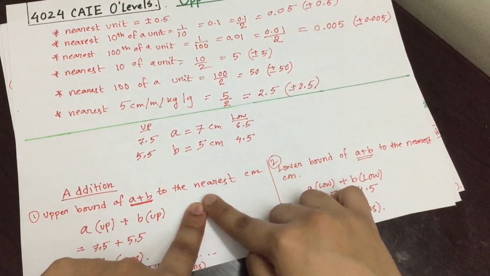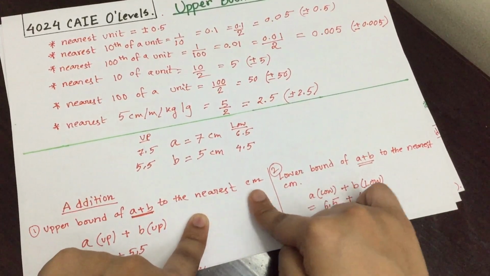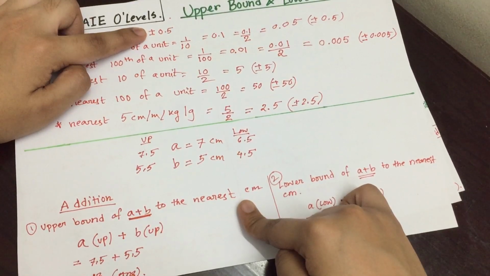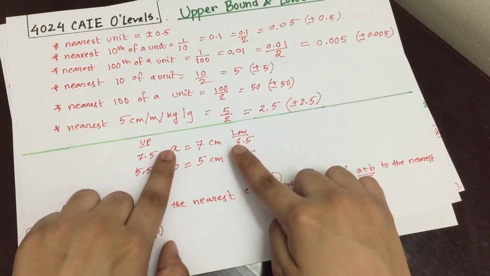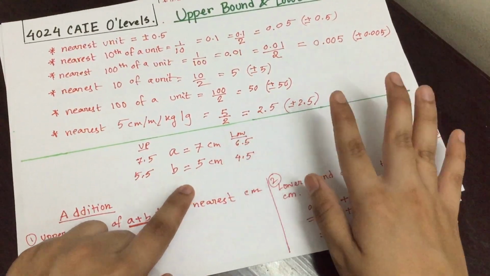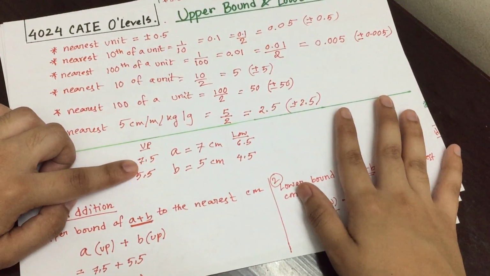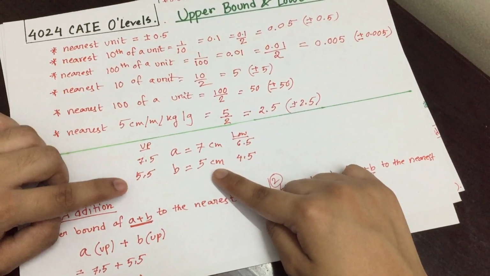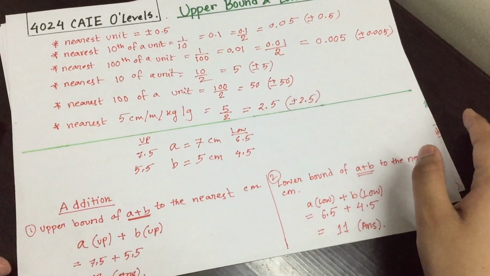So this is my keyword, nearest centimeter. Whenever it says nearest of a unit, we know that we have to do plus minus 0.5. Following this, I have written the upper bound and lower bound for both 7 and 5. For 7 we do plus 0.5, which is 7.5, and for lower we do minus 0.5, which is 6.5. Similarly for 5, if we add 0.5, it gives us upper bound 5.5 and lower bound 4.5.